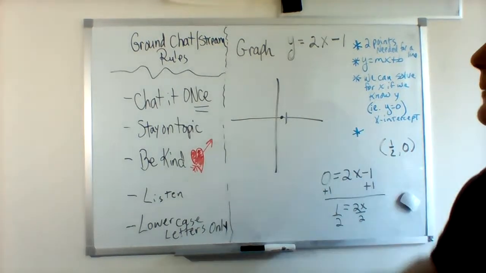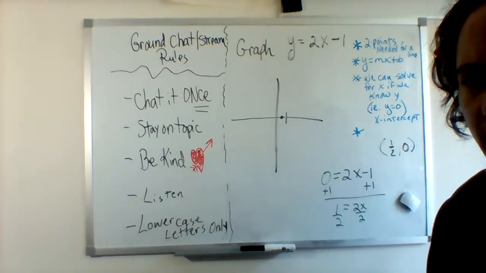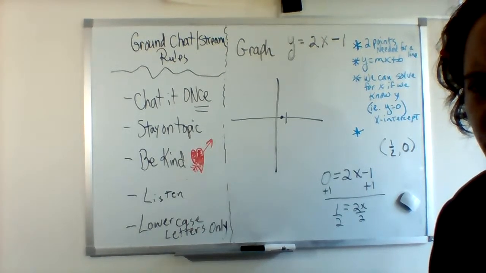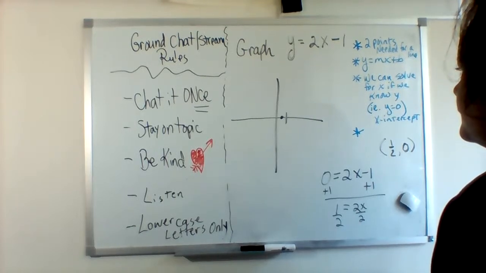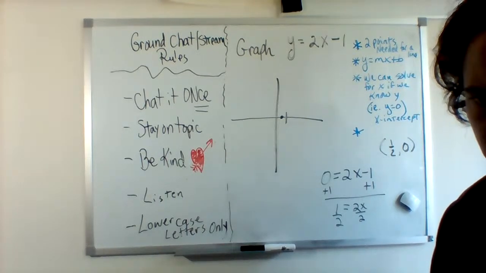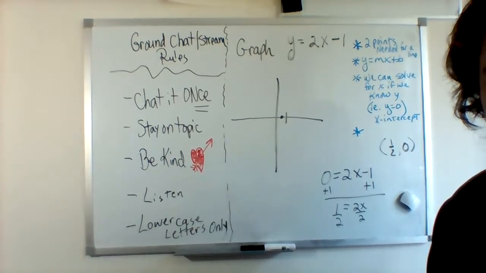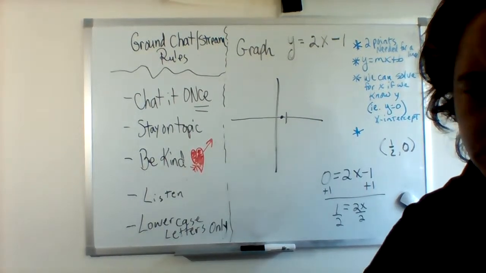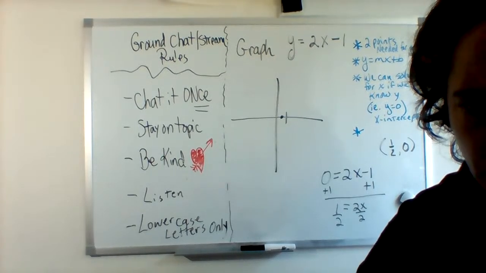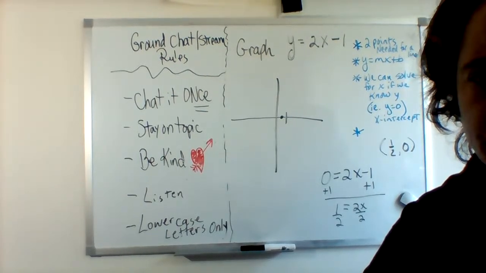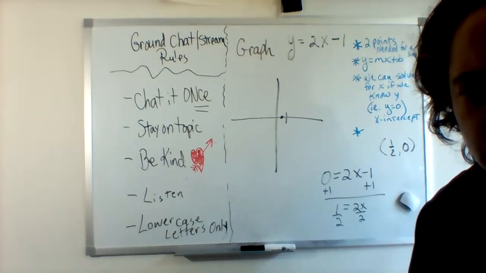This is the graph of what? What's it going to look like? A slope. It'll have a slope, but what would it look like?